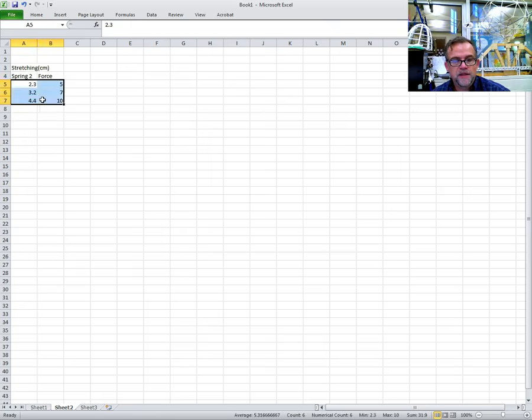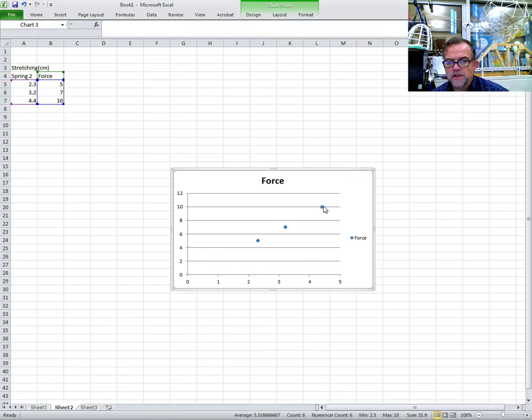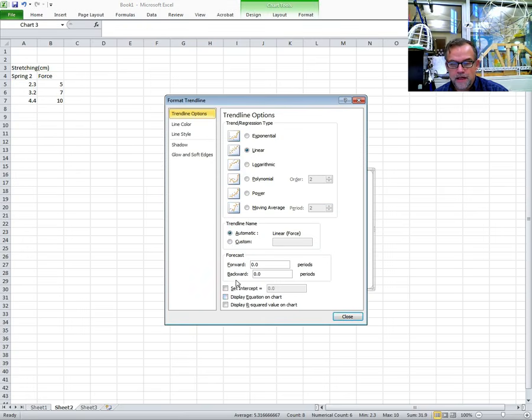You get these here, you mark them in Excel, you say insert, we're gonna go to the scatter plot, and I want to select these, which are only point markers, because the points are not gonna coincide, and that's good, that's normal. That means that the material is not perfect. But then you're gonna add a trend line here, and for the trend line you're saying to display the equation on the chart.